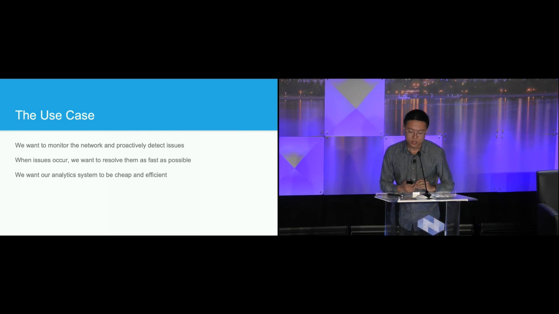The use case with network flow data, as I mentioned, at a very high level: we want to be able to monitor the network. We want to be able to proactively detect issues. And when issues occur, we want to resolve them as fast as possible. Going into more detail about what it takes to resolve issues in your network, usually the queries made on top of this flow data tend to be rank ordered.